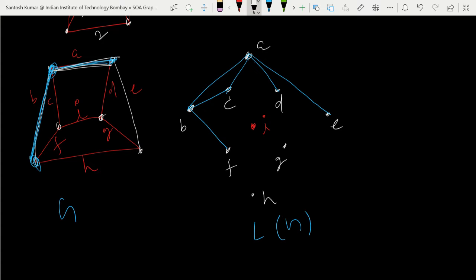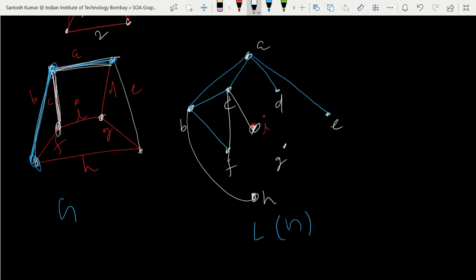So B is joined to A, C, F, H. Which is this. And now come to C. So C is sharing vertices with A, B, F, I. A, B already joined. F, I you have to join.